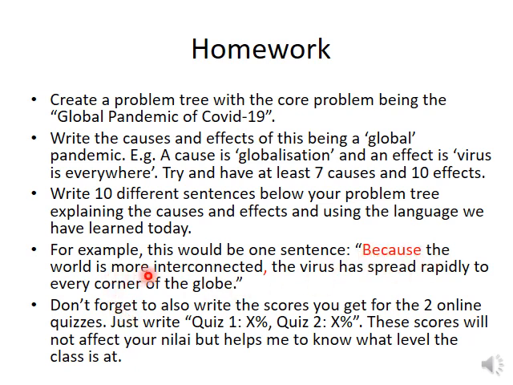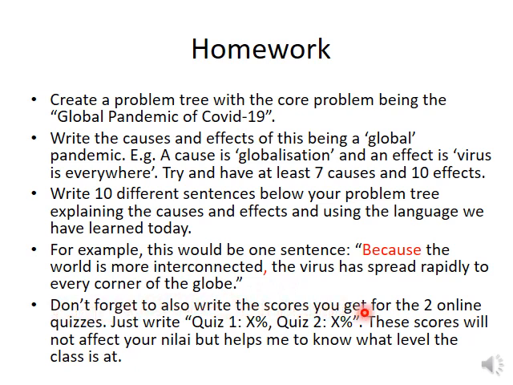That would be one example. Because the world is more interconnected, comma, the virus has spread rapidly to every corner of the globe. So I want you to write 10 sentences like that. Don't just replace the word because with since, because that's not very interesting and it doesn't challenge your language. I want 10 different sentences from your problem tree.